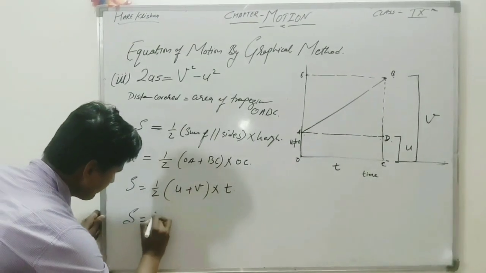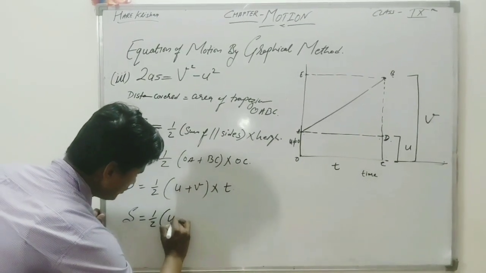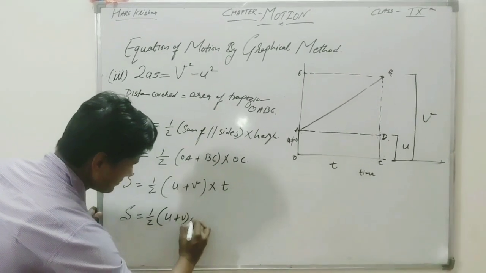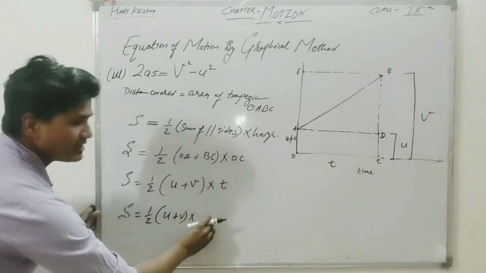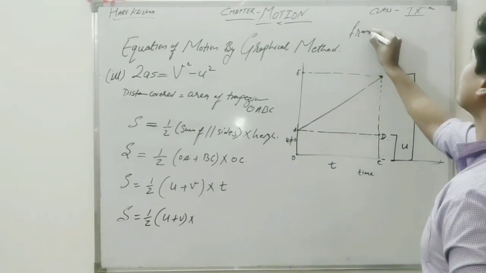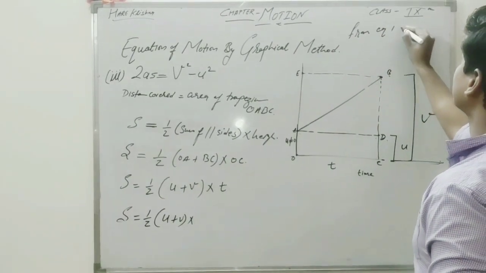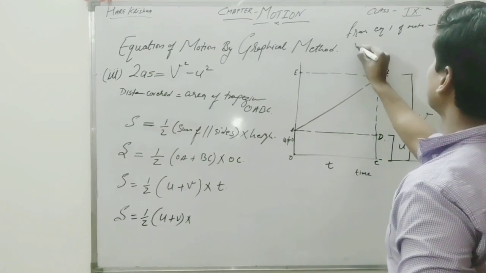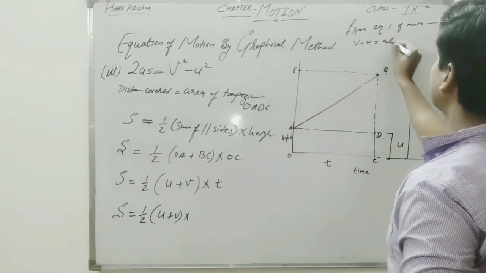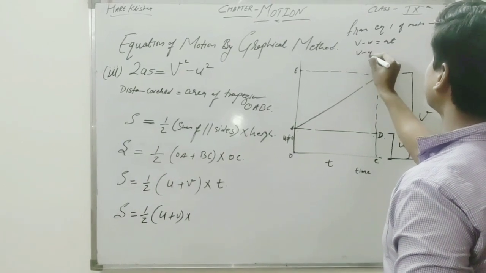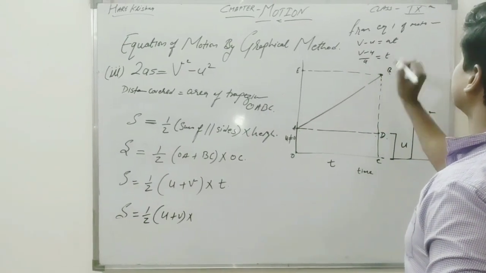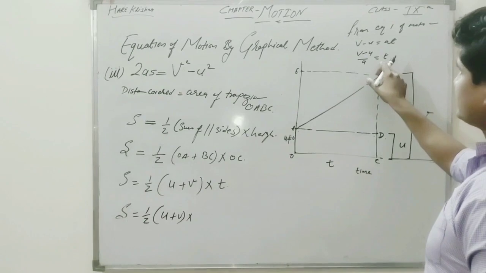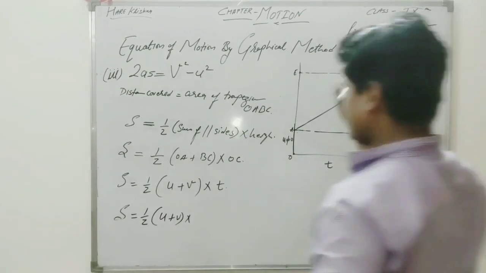Now, if we extend this equation, that is U plus V into T, but we have to find the value of T. So, from equation 1 of motion, we know V minus U is equal to AT, and V minus U upon A is equal to T. So from here we can take the value of T and put it here.